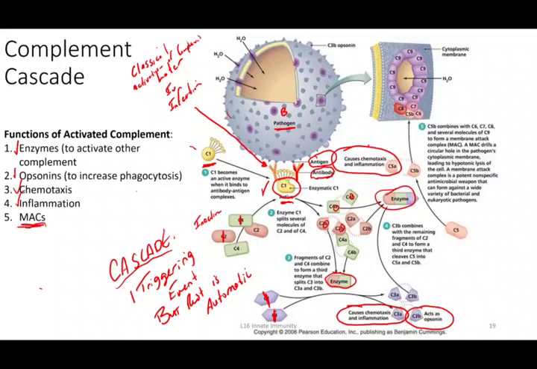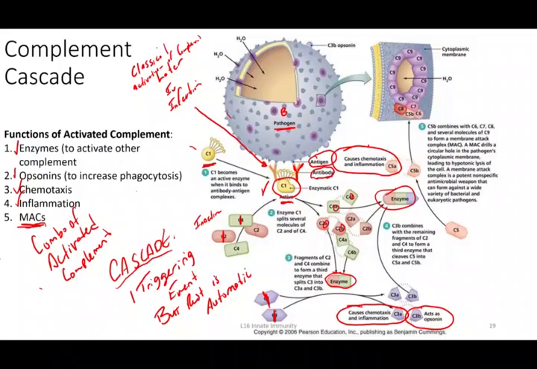And so this is a combo of activated complement. It tells you what it is here, but you don't have to remember what it is, but you can see the different complements. So it's C5b, 6, 7, 8, 9.